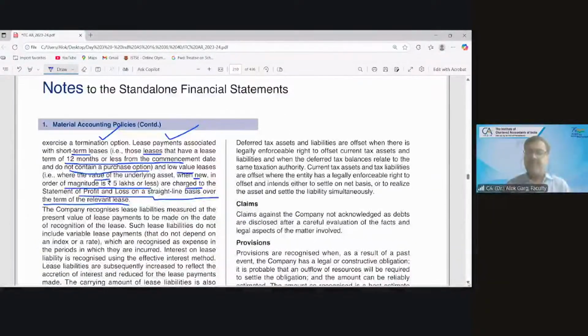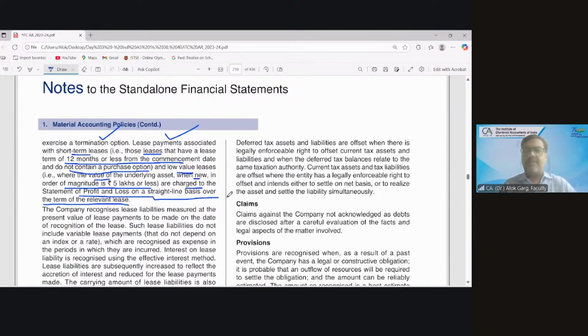Yes or no? Yes, sir, covered. So the point is, whatever you are studying is all practical. It is printed in the annual reports and financial statements of lakhs of crores of listed companies. So when you are reading these concepts, you are making yourself ready for the future as well.